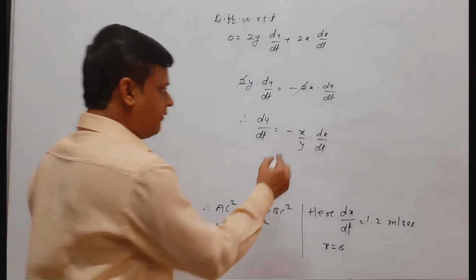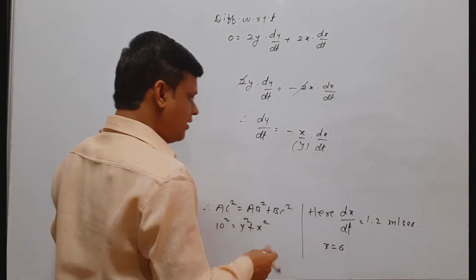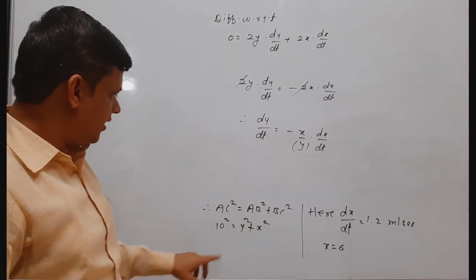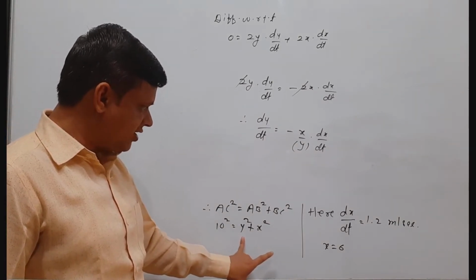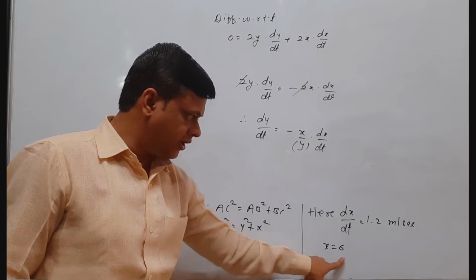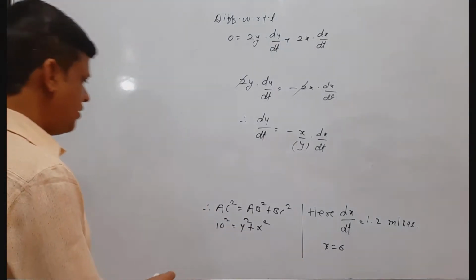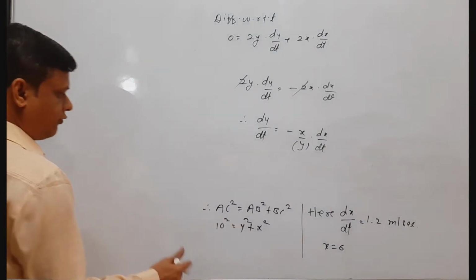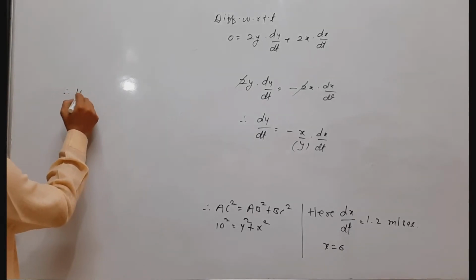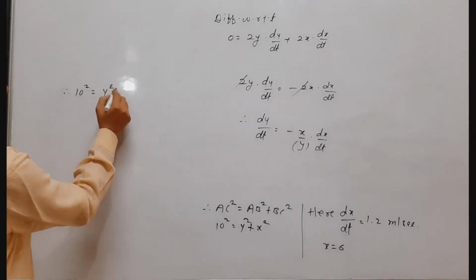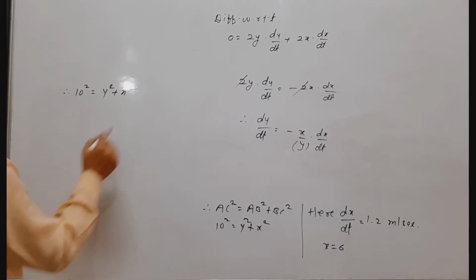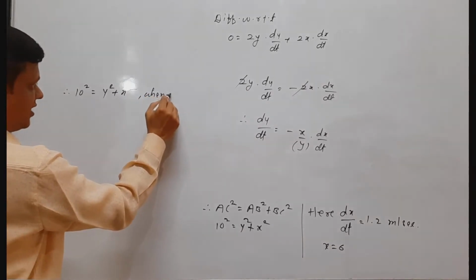But we don't have the value of this variable y. So we first find the value of y from this relation by substituting the value of x equals 6 here. So 10 square is equal to y square plus x square, when x is equal to 6.